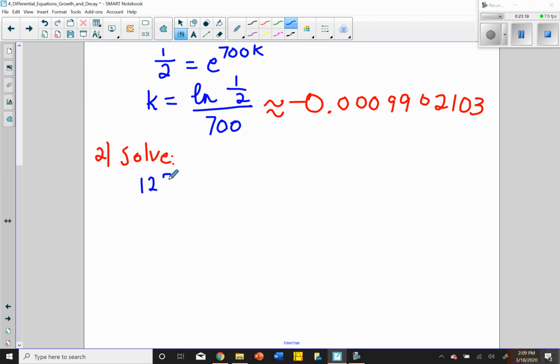So solving 125 equals 4,000 e to the negative ln 2 over 700. Well, I'm just going to put the decimal there. Negative 0.00099021 t. I'm solving for t.